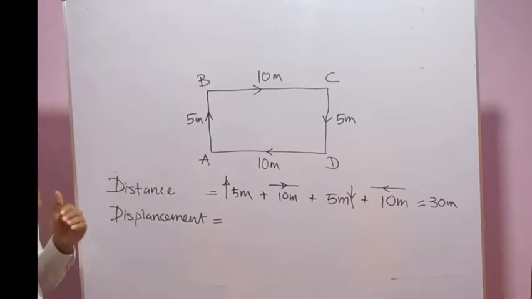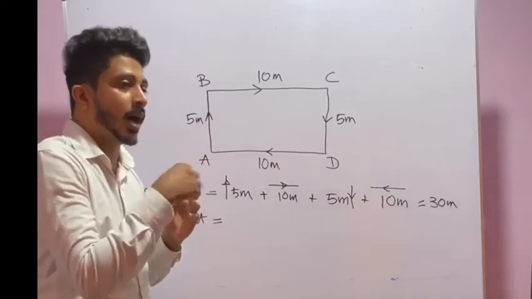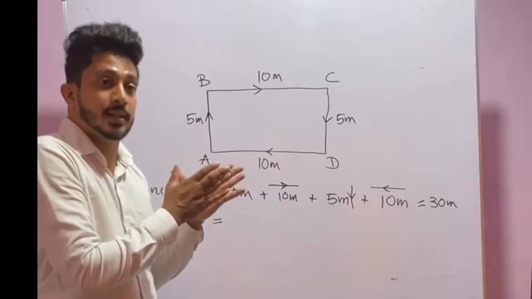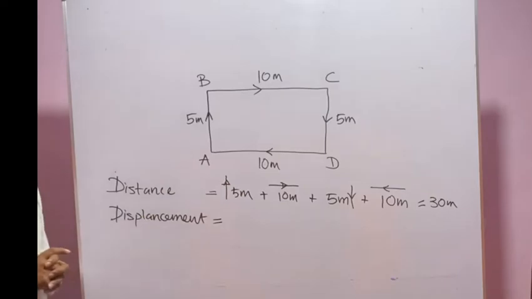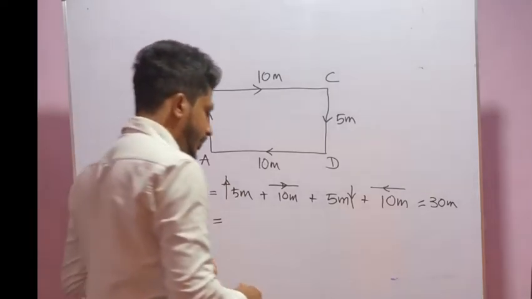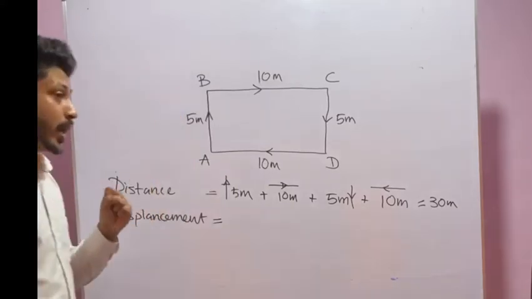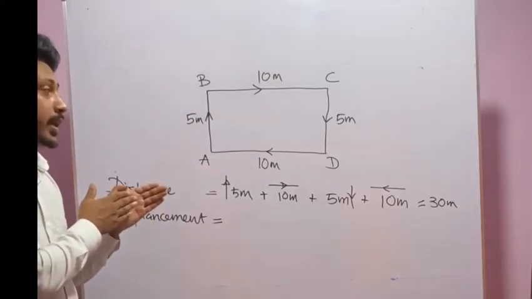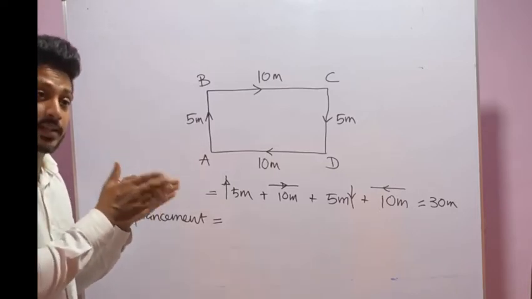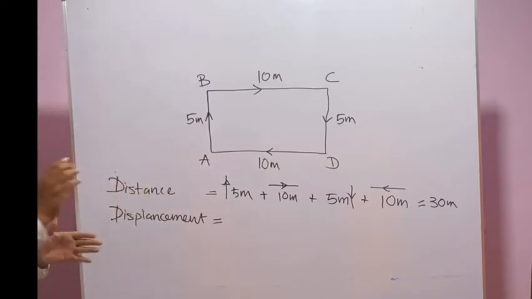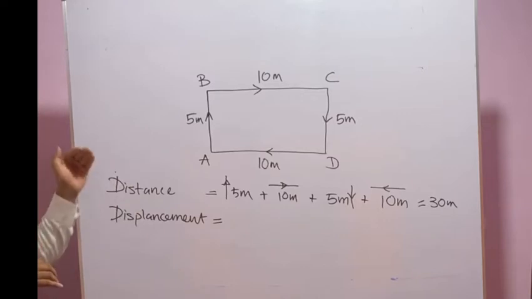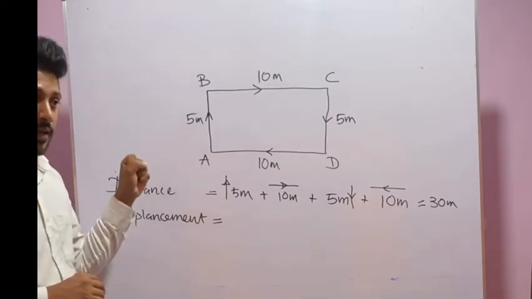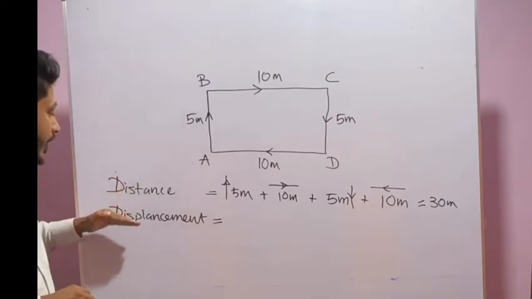So please keep it in your mind. If you are asked to calculate the displacement, the first thing you have to analyze is what is the motion that I have to consider. So in this one, I told you to find the displacement.